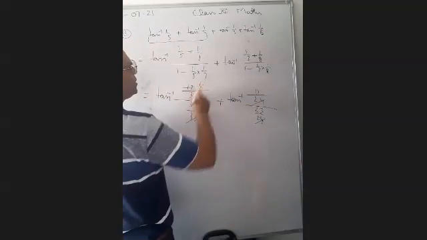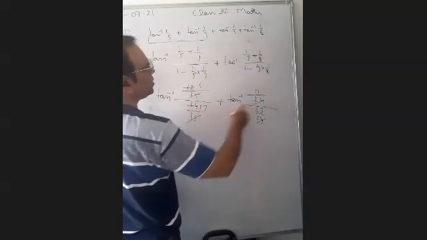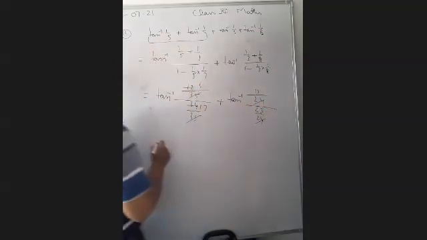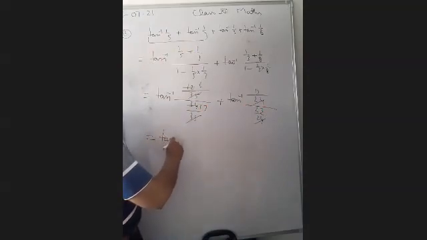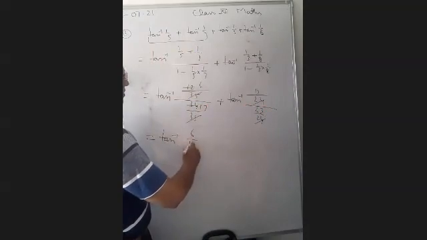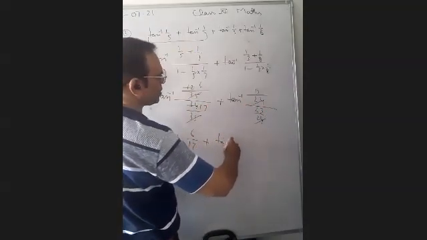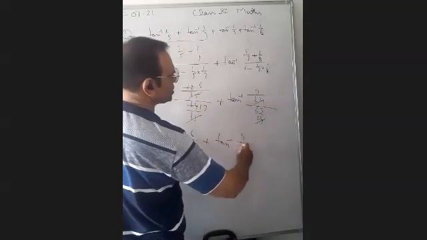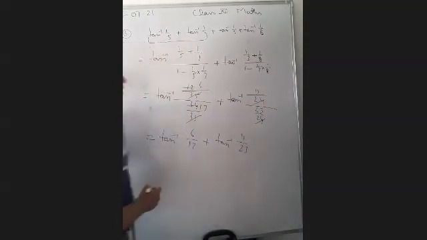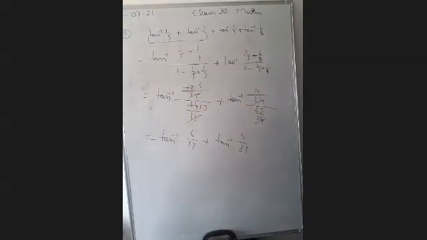So tan inverse 6/17 plus tan inverse 11/23. Here you can again apply this formula.